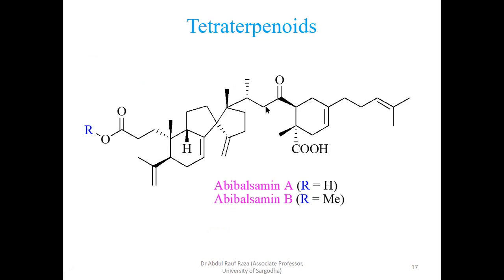I hope it is clear to every one of you. So anyhow, I finish here all types of terpenoids. You have come across monoterpenoid, a 10 carbon system, sesquiterpenoid, 15 carbon units, diterpenoid, 20 carbon units, similarly triterpenoid, 30 carbon units, and tetraterpenoid, 40 carbon units.